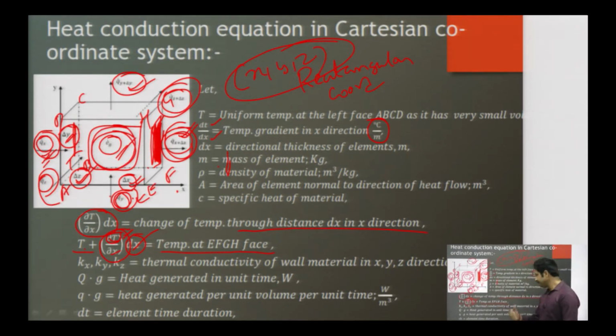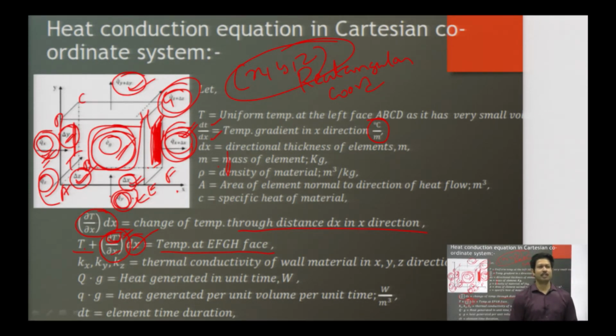So Kx, Ky, Kz are the thermal conductivity of the material in the x, y and z directions respectively, and you know what thermal conductivity is by now, as I have already discussed so many times in my previous videos. I will be discussing it once again here.